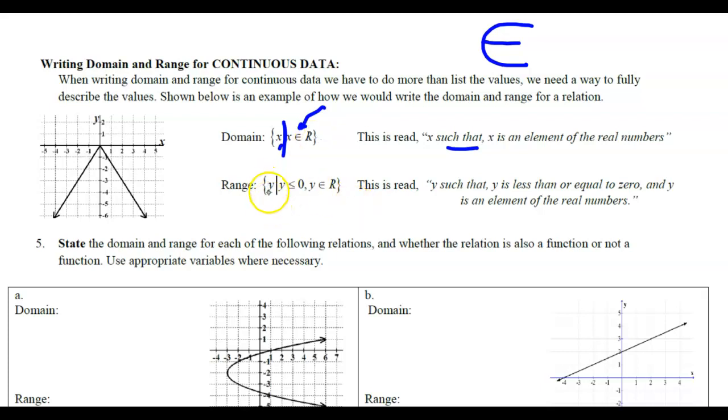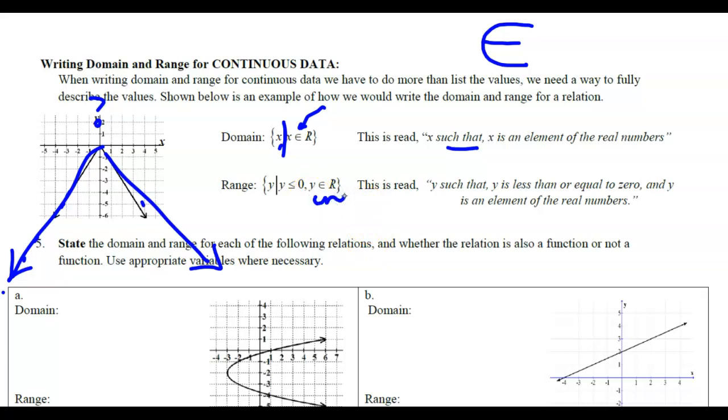Then here, this is range. You can see that if I extend this down, all real numbers forever for X's in both directions. For Y's though, there is nothing above the X-axis. So Y has to be less than or equal to 0, because both of these ends are going downwards, and it's continuous. We still have to put in that it's a real number.